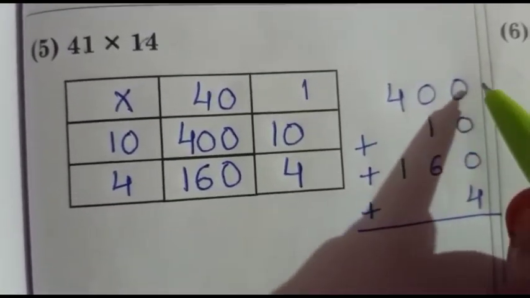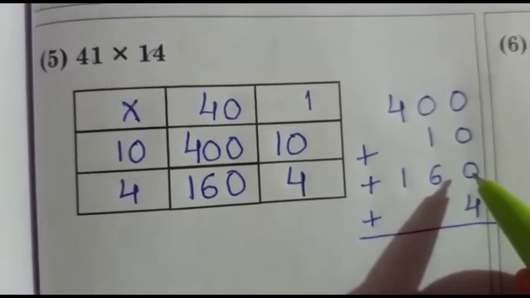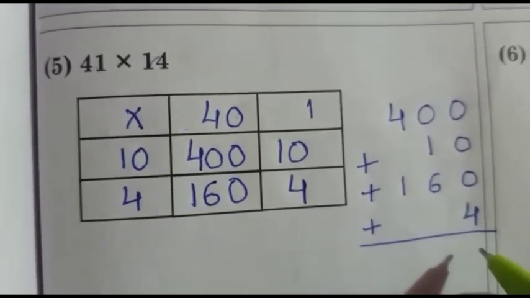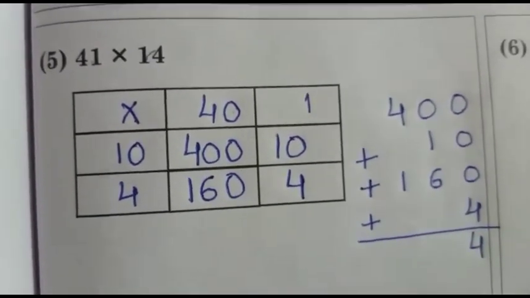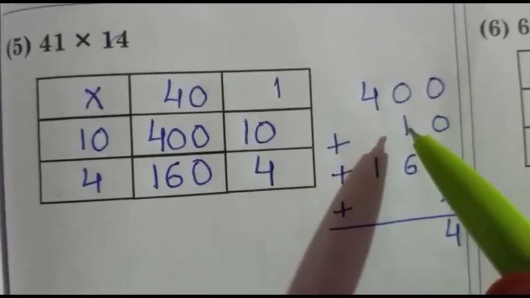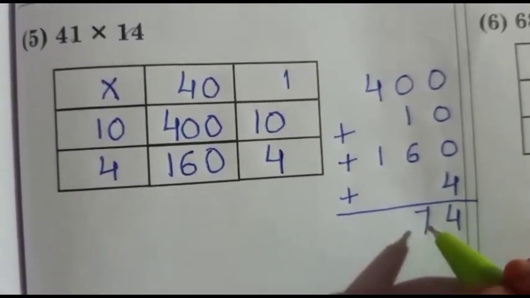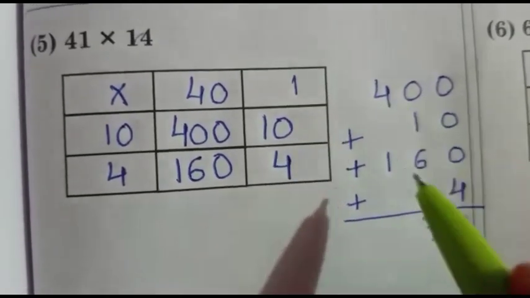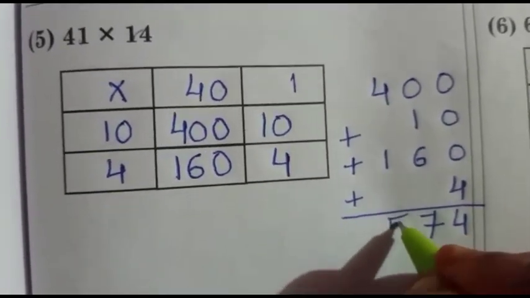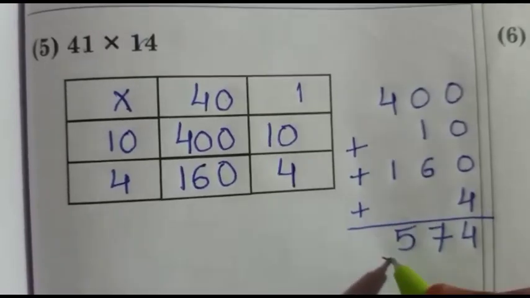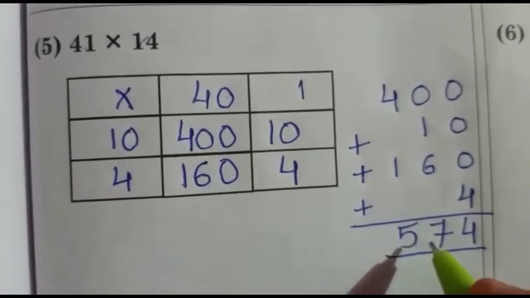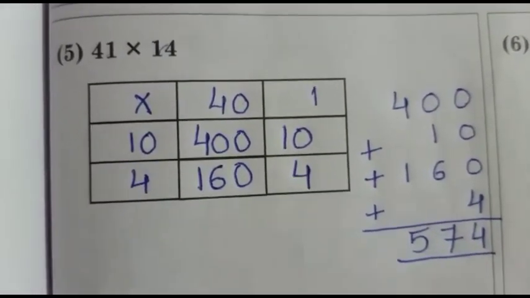So here 0 plus 0 plus 0 plus 4 is 4. Okay. 0 plus 1 it is 1. 1 plus 6 is 7. And here 4 plus 1 is 5. So the answer is 574.